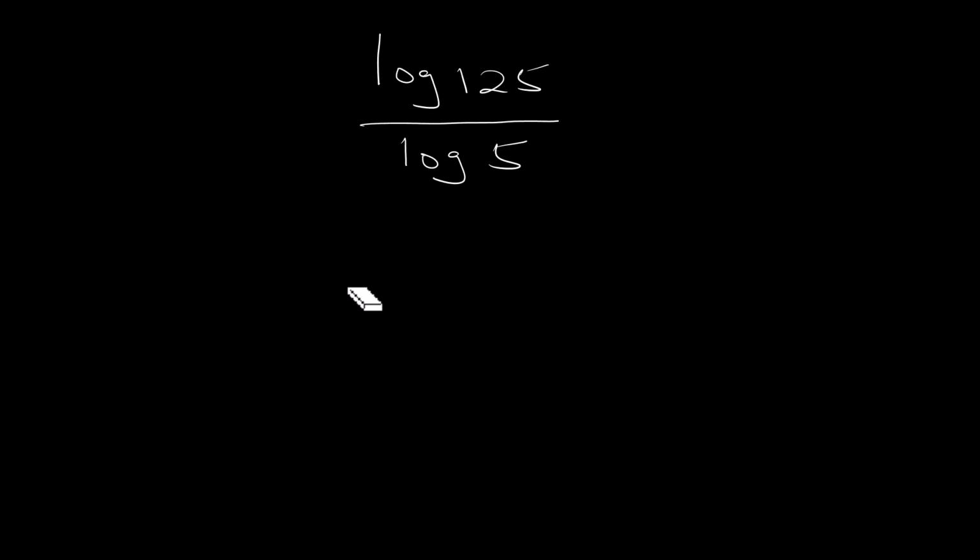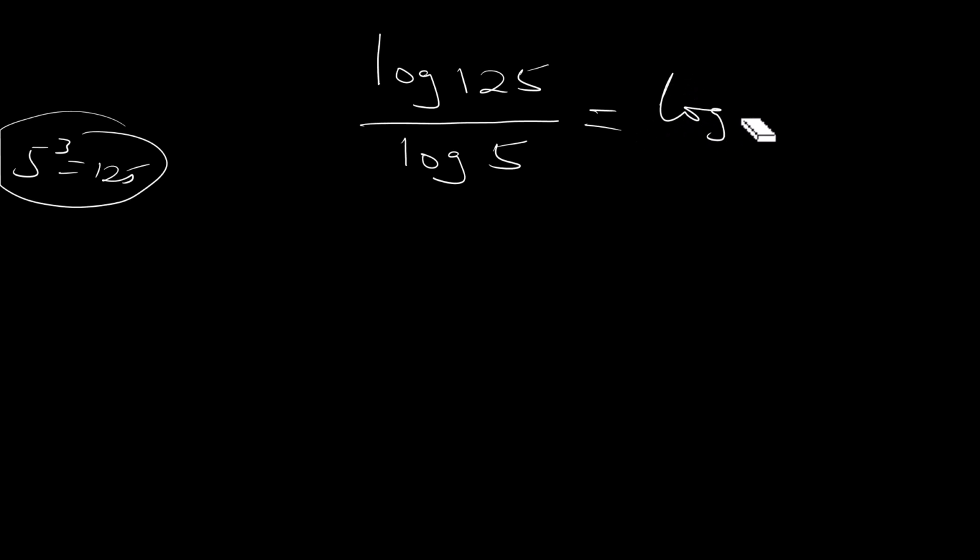Let's look at this example. We have log 125 on log 5. Let's express this 125. You know 5 to the power 3 is the same as 125. So we can say log 5 to the power 3 on log 5.